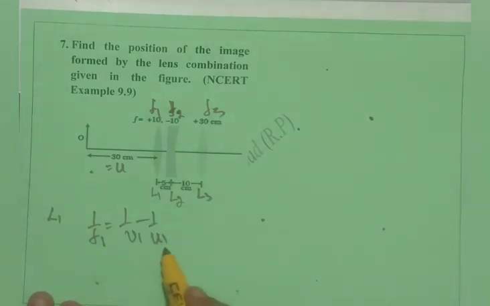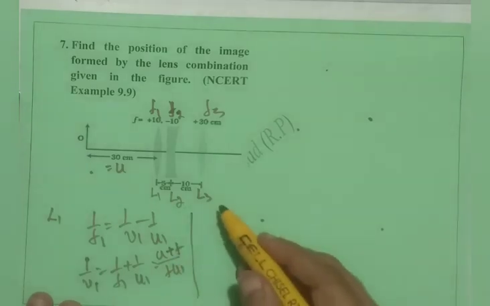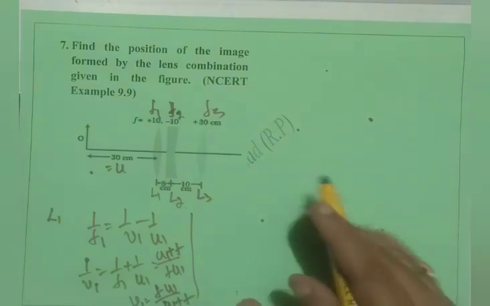We generally write down a formula for V1 first. 1/V1 equals 1/F1 plus 1/U1, which will give us FU1 by U plus F. So we can write V1 as F U1 by (U1 plus F). We can use this for any calculation.